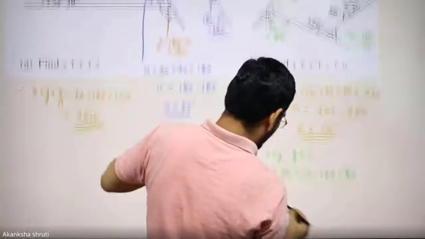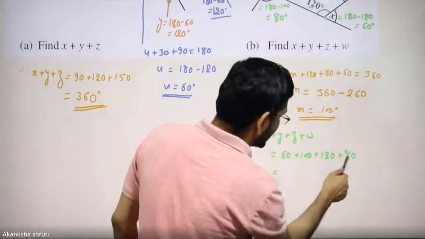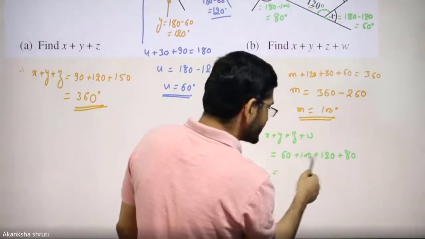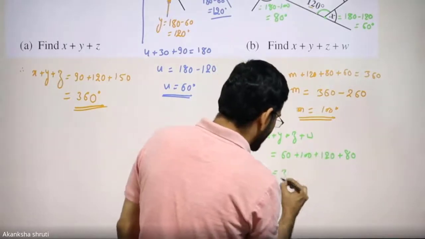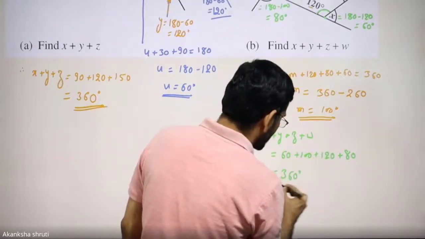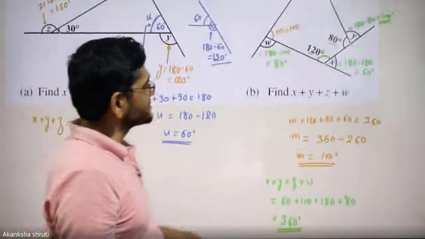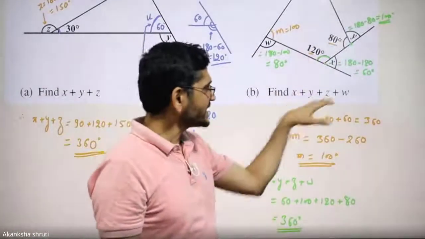Adding these, 80 plus 120 is 200, plus 100 is 300, plus 60 is 360 degrees.